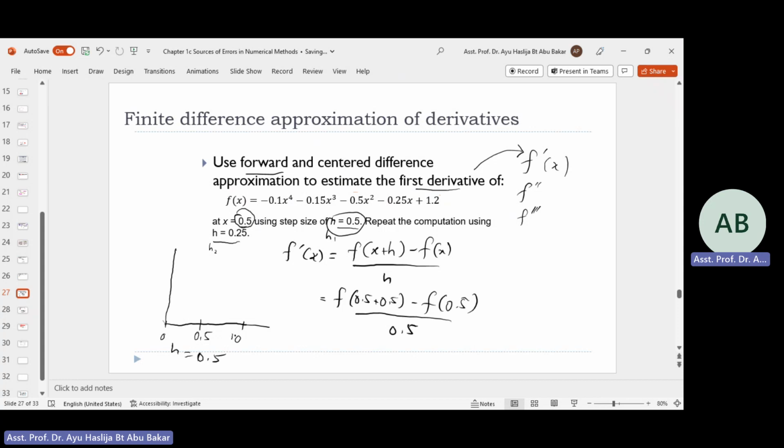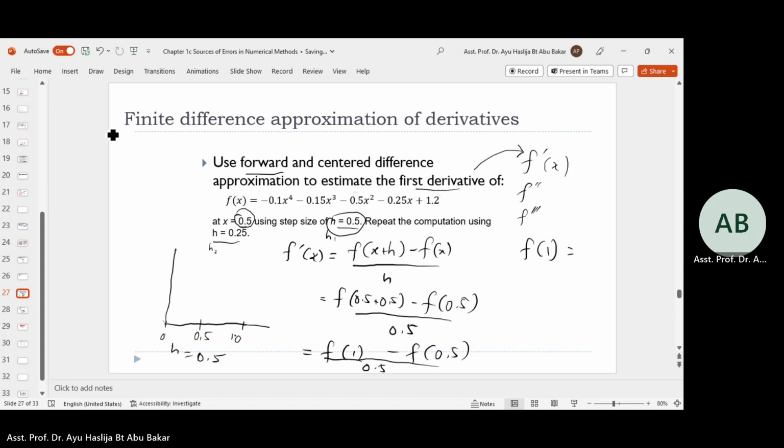So you need to find out what is f1 and what is f0.5. Now find out what is f1. So x over here is replaced with 1. Try to find out what you get.